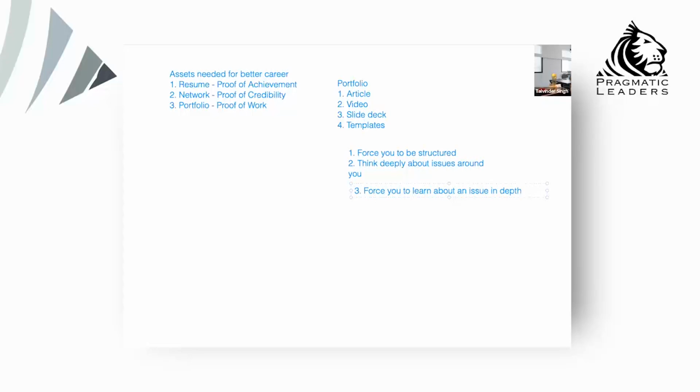But if you stay at it, in 1 week, in 2 weeks, you'll be walking 5 kilometers and you'll be okay. And perhaps you will be even addicted, right? Similarly, this will ensure that your own muscle gets formed, gets developed about thinking about problems, observing like a product manager, thinking deeply about it, and acquiring a much bigger body of knowledge.